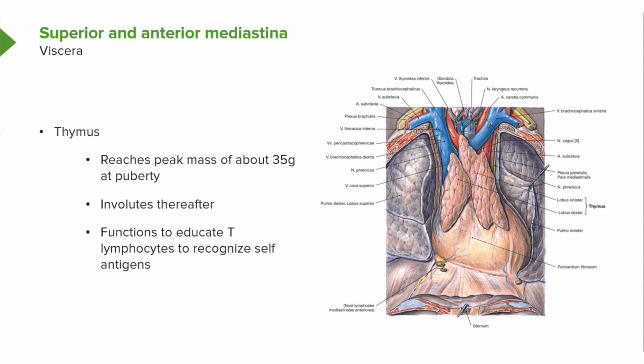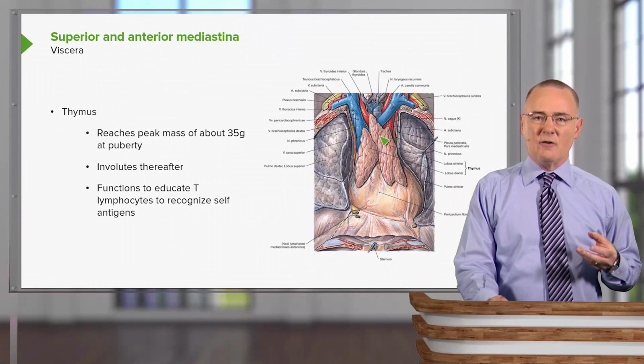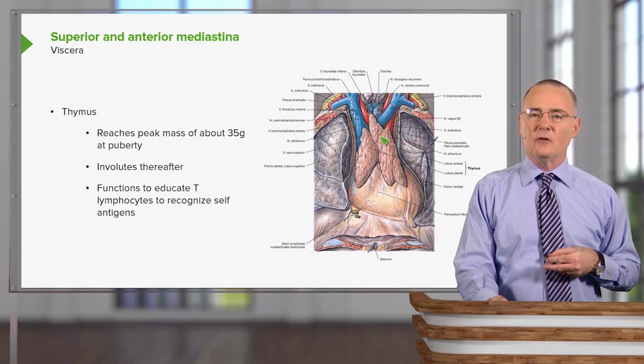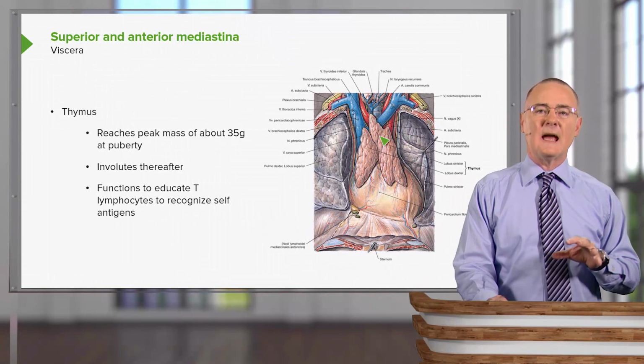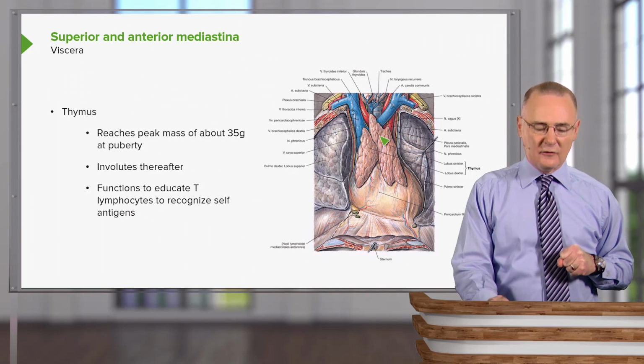Thereafter, it involutes, so we have a degeneration of the thymic tissue. Very little remains in an elderly person, and what does remain is scattered within adipose tissue located within these mediastinal compartments.